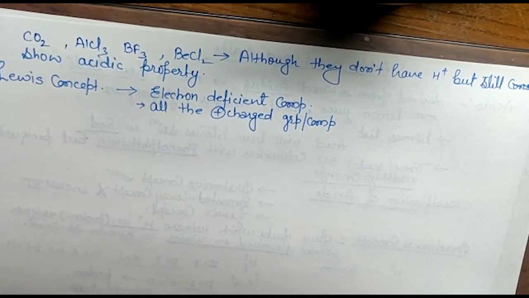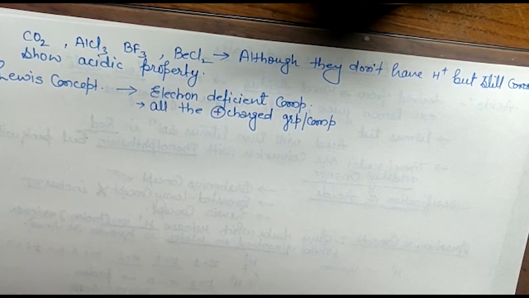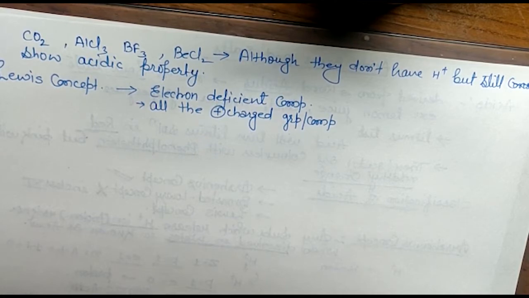There is a concept that the element should have 8 electrons around it, or 4 bonds around it, then only it will be considered stable. The element should have either 8 electrons, or it must have 4 bonds, or a combination of these two, meaning the total should be 8. Then only they will be considered stable.